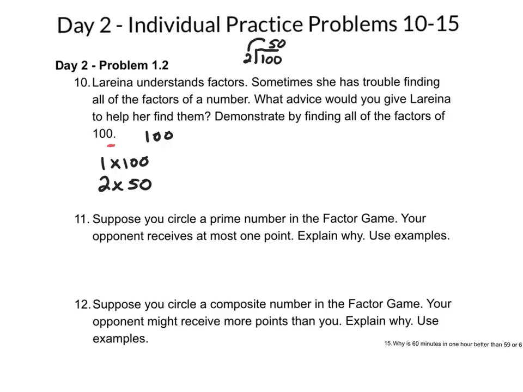How about 3? Well, 3 doesn't go into 100. How about 4? Well, if 2 goes into 4, 2 times 2 is 4, then there's a good chance that 4 will also be a factor of 100. So 100 divided by 4.